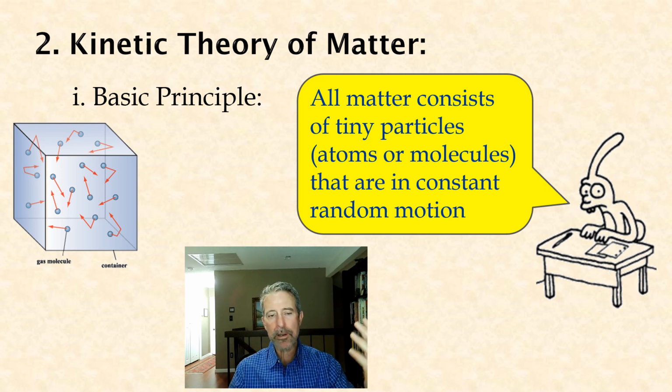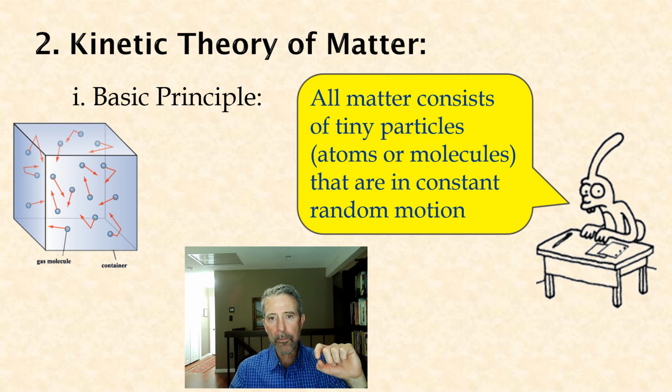And this is one of the fundamental principles of the kinetic theory of matter. Not only are the particles in constant motion, they're not moving in any preferential direction. They're moving randomly. This idea that all particles move randomly in three-dimensional space is true really for all states of matter, whether we're talking about a solid, a liquid, or a gas.